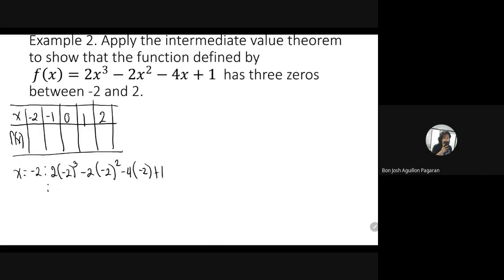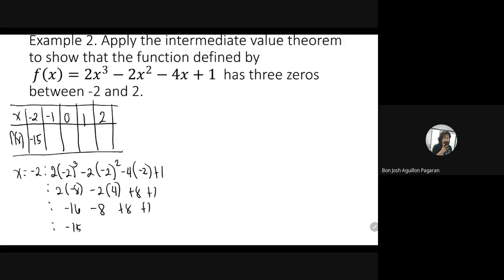So this will be 2 times negative 8 minus 2 times 4 plus 8 plus 1. So this will be negative 16 minus 8 plus 8 plus 1. Ang kalalabasan ng sagot natin ay negative 15. So this is negative 15.